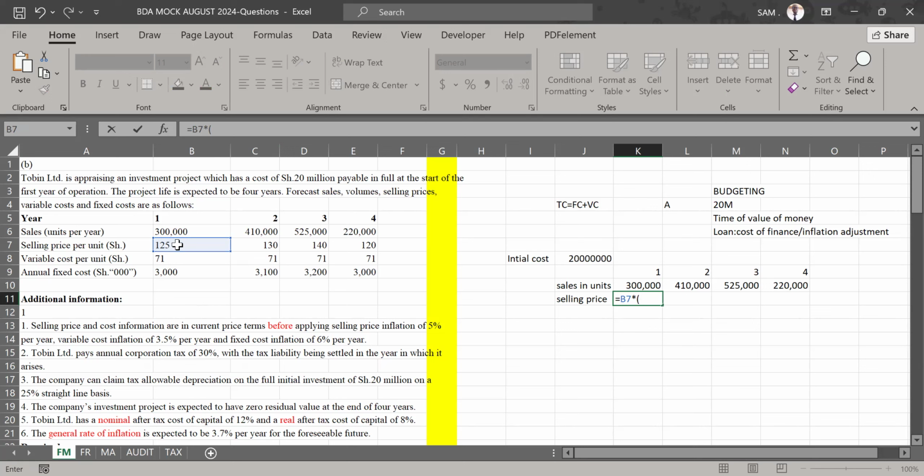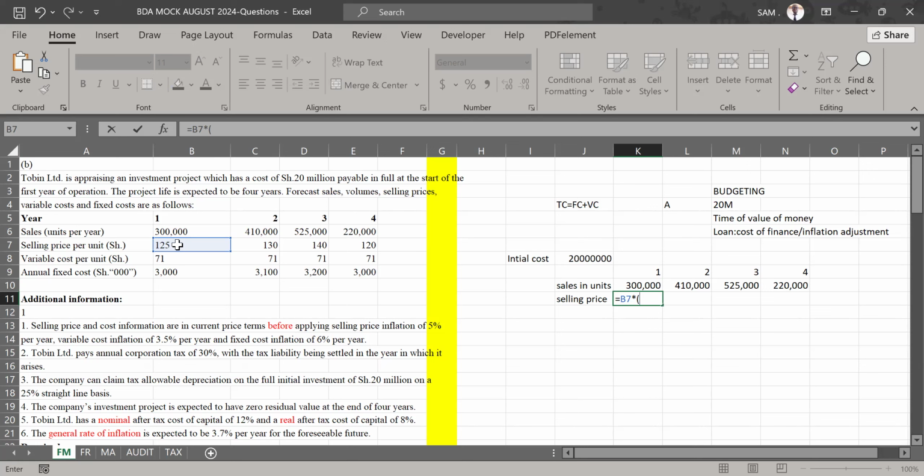We are saying the selling price per unit will be growing by 5% so that it takes care of that inflation as we do our projection, so that whenever inflation adjustments take effect, the value of money won't be affected. The selling price won't be affected because we've already taken into consideration the inflation adjustment.